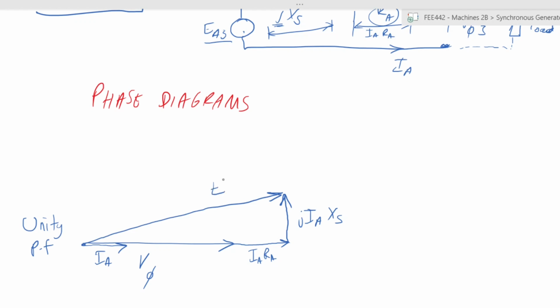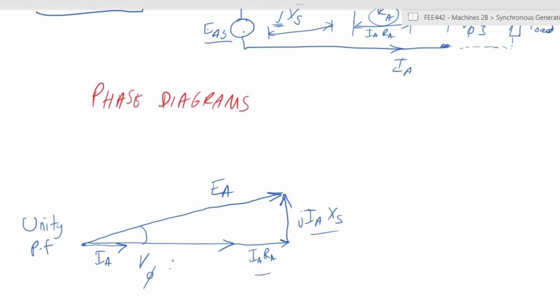So you have EA being the resultant of all these elements: your terminal voltage, the resistance of the windings, and the combined synchronous reactance. So there will be an angle between the internal generated voltage and the terminal voltage. This is for unity power factor.